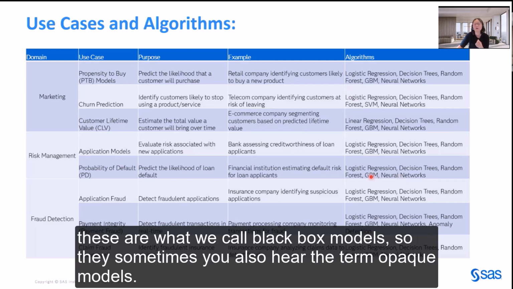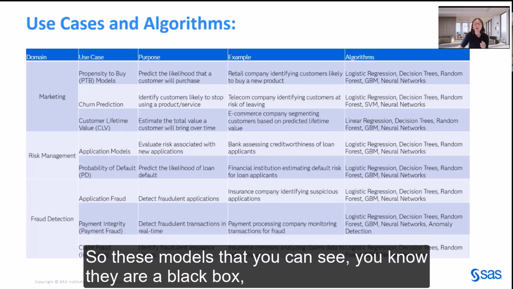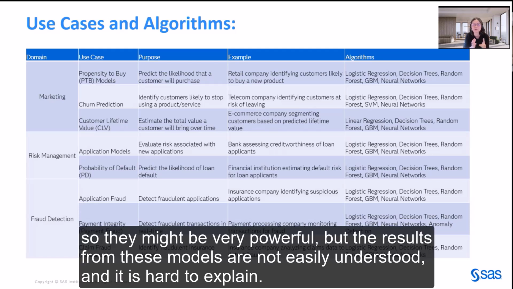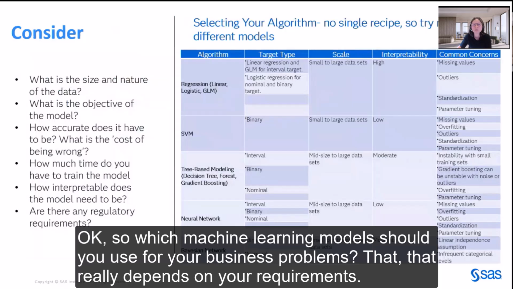These are what we call black box models. Sometimes you'll also hear the term opaque models. They might be very powerful, but the results from these models are not easily understood, and it's hard to explain.